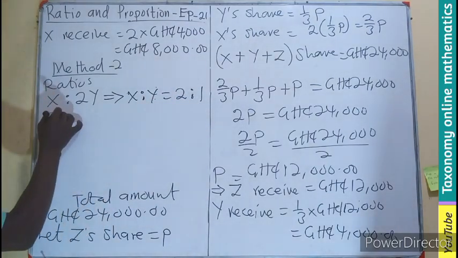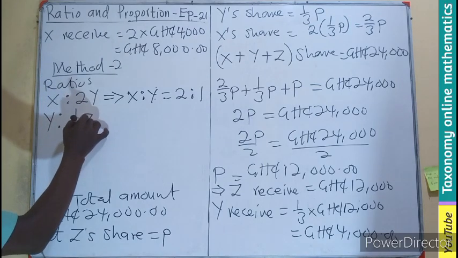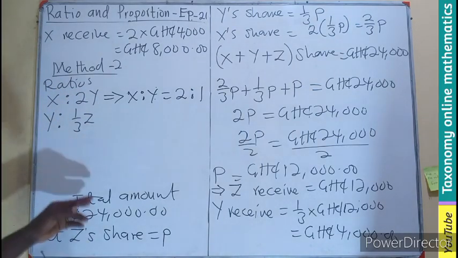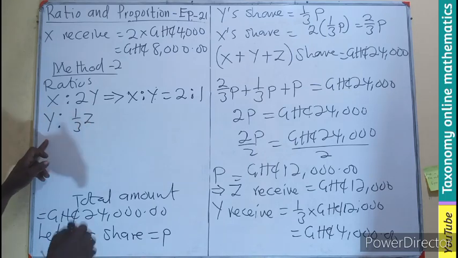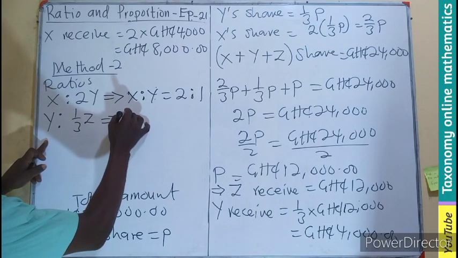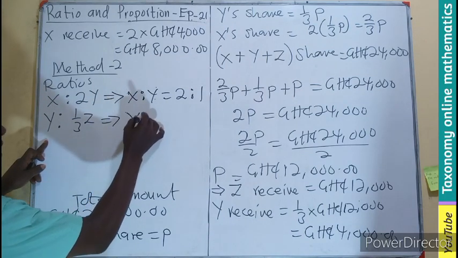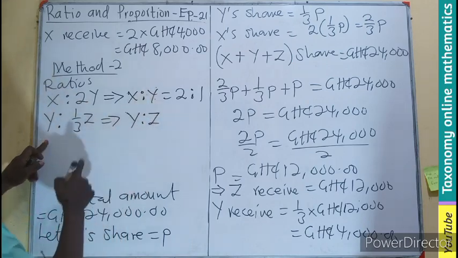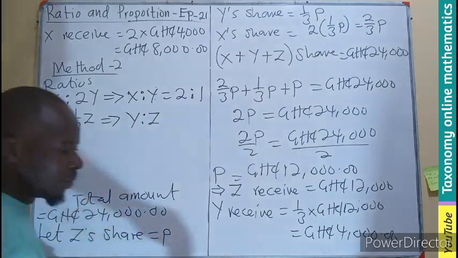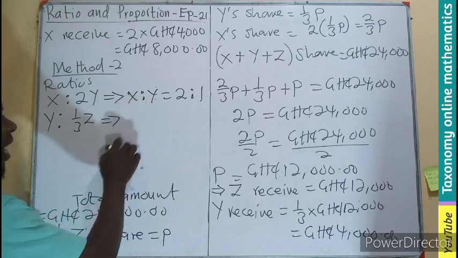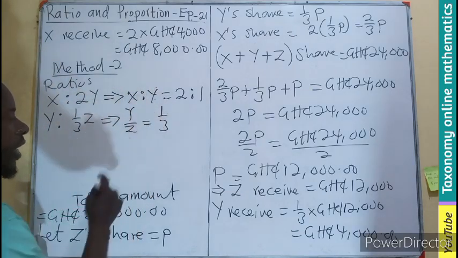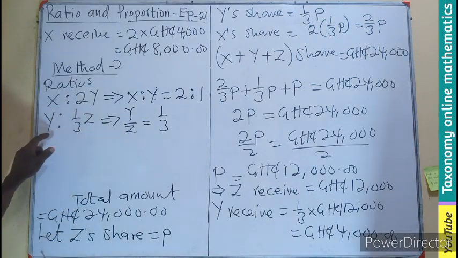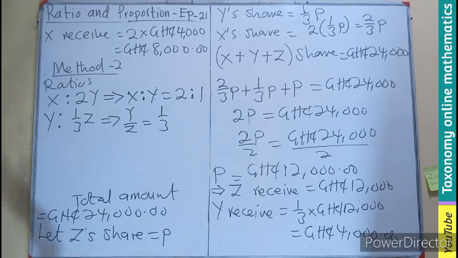Then we also have Y is to 1/3 of Z. You remember, Y is to 1/3 of Z. If I divide both sides by Z, Y divided by Z equals 1/3.